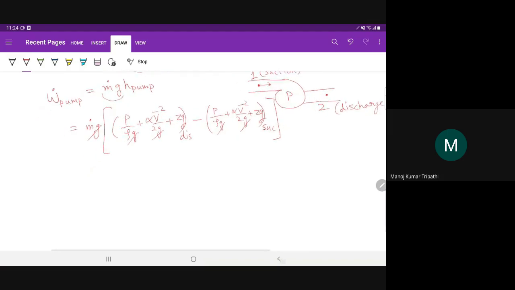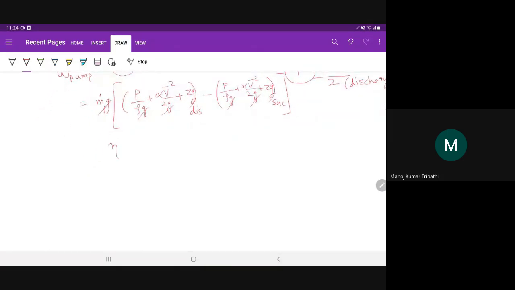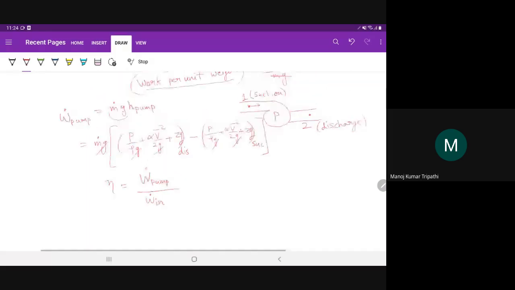Okay. And if you want to calculate the efficiency of the pump, which can be represented by eta, that can be calculated as work done by the pump per unit time, which is W dot pump, divided by the work that you put in to the pump. So that can be the electrical work or the physical work that you do on the pump. So that gives the efficiency of the pump.